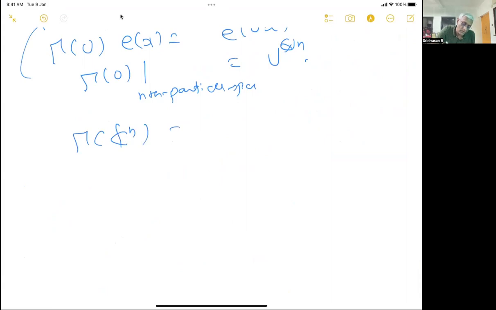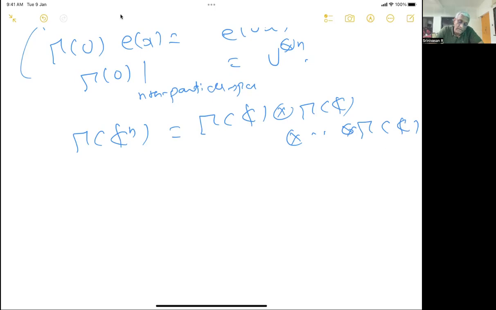Gamma of Cn looks like gamma of C tensor gamma of C, tensor gamma of C. Even though gamma of C is one-dimensional in each factor, the nth particle space is a tensor product taken n times. So consider the nth particle space of gamma of Cn.